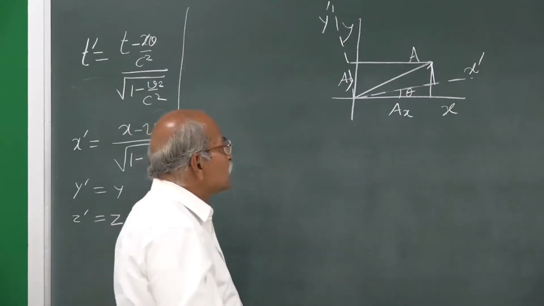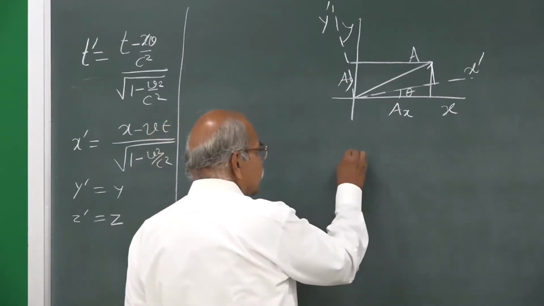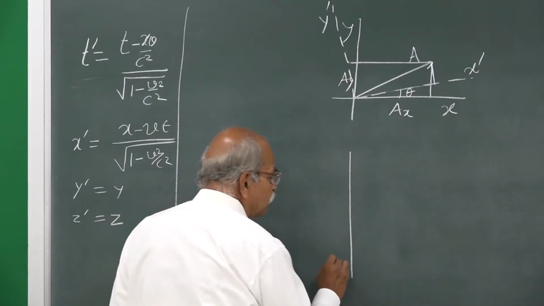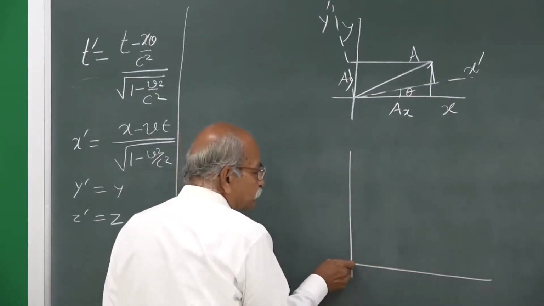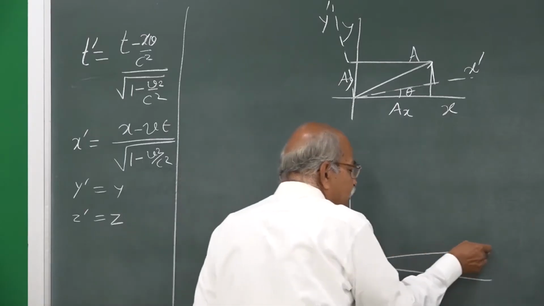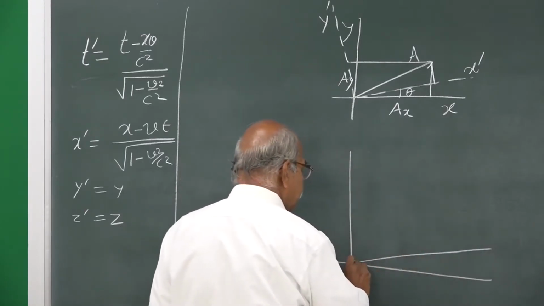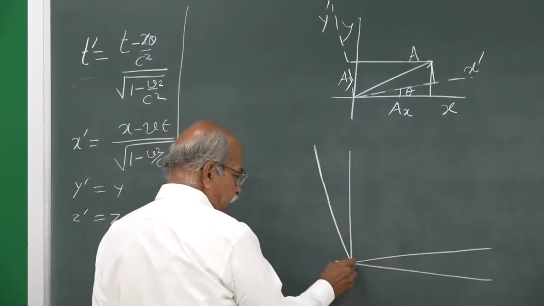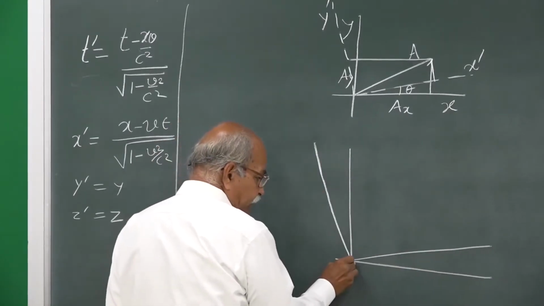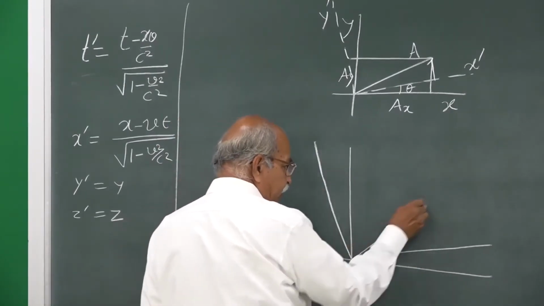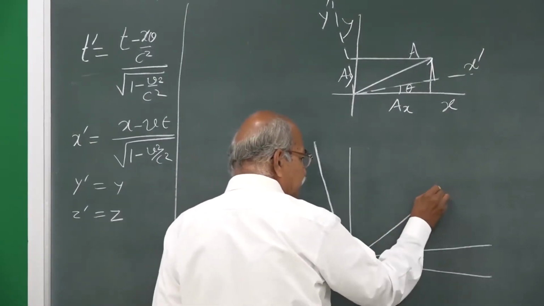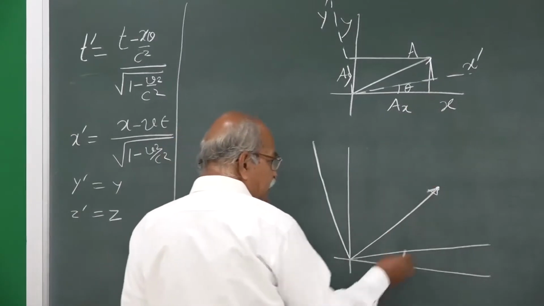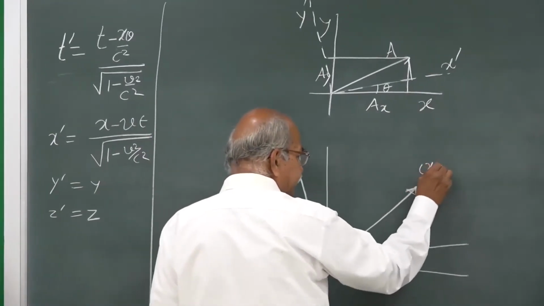So, let me draw this diagram in slightly magnified form. So, let us say I have these new axes, and then I have a vector a, this is some vector, or let us say a position vector. So, the coordinates are x and y.